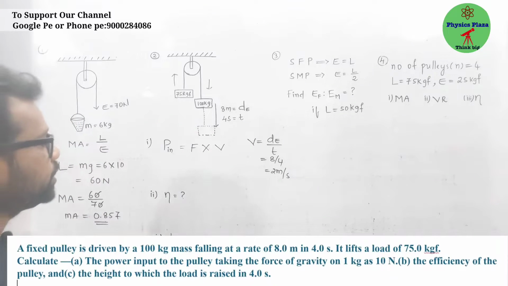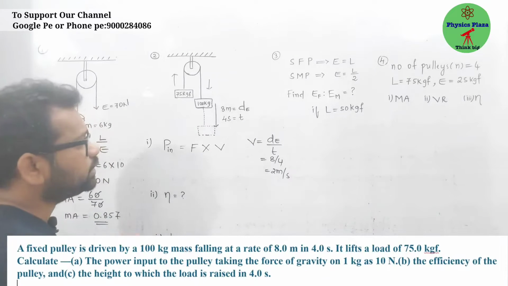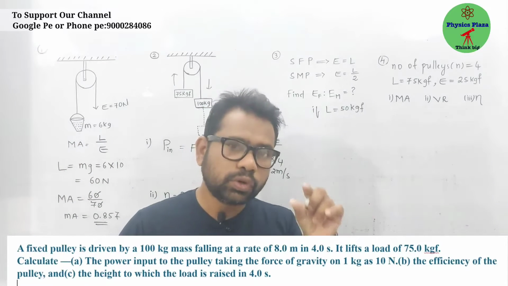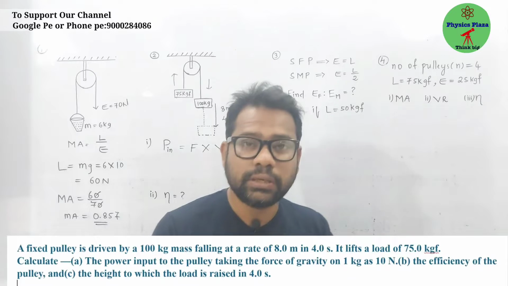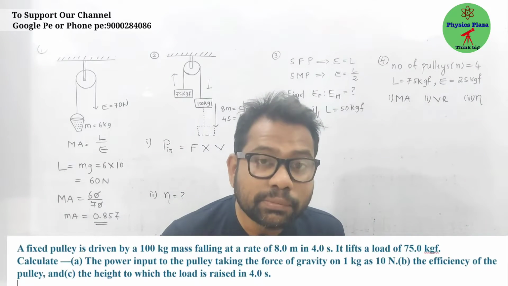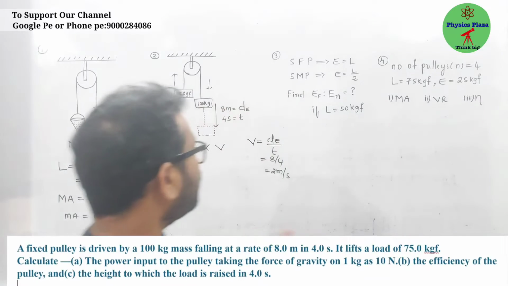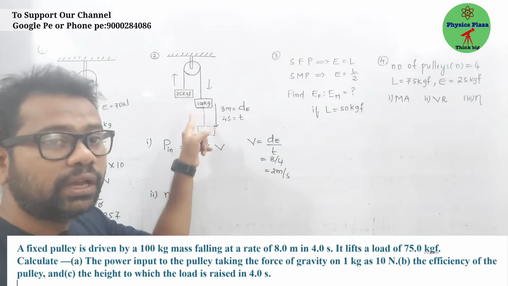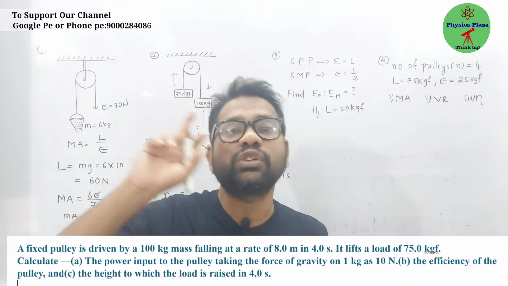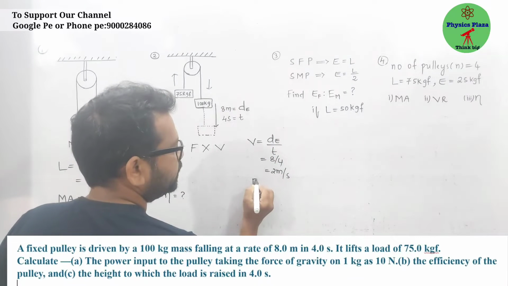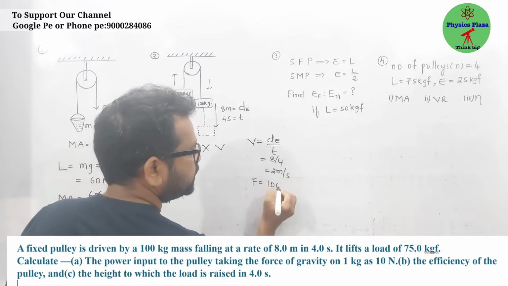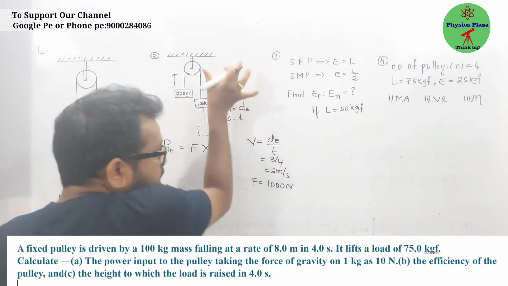Very important. It is given that the force of gravity acting on 1 kg mass is 10 newtons. Then how much force will be acting on 100 kg? 1 kg is 10 newtons, so 100 kg is 100 into 10, that is 1000 newtons of force of gravity acting.